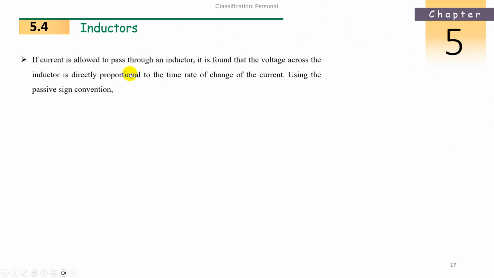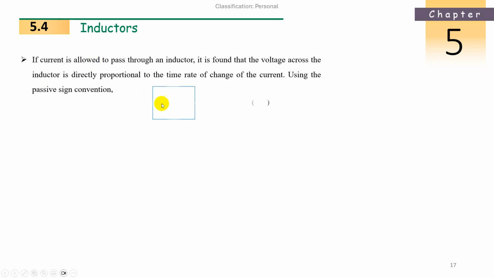It is found that the voltage across the inductor, that is, across the complete turns, is directly proportional to the time rate of change of current, meaning how much the current is changing with time. After 1 second, how much? After 2 seconds, how much? Time rate of change means di by dt, using the passive sign convention, meaning the current is flowing from left to right or right to left.